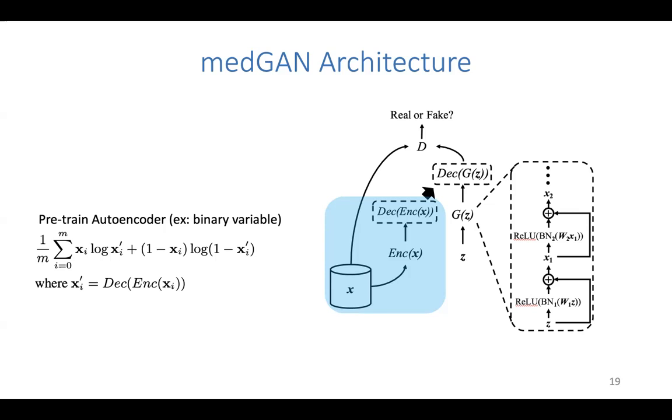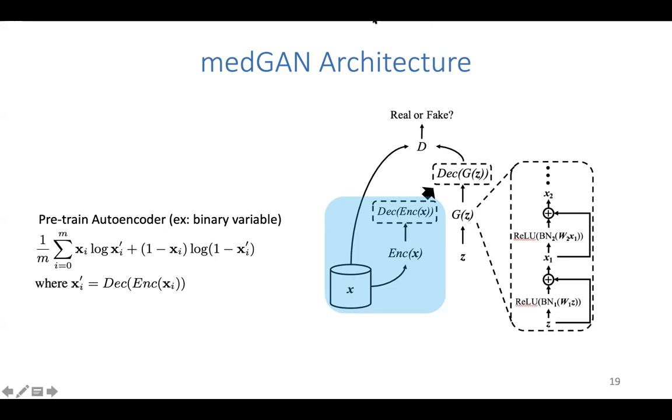As long as we're generating counts or binary values, we can extend this. So the difference between generating images and tabular counting data or binary data is that the values must be discrete. That is the difference between the original GAN, the image generator, and this MedGAN, which is a tabular data generator.